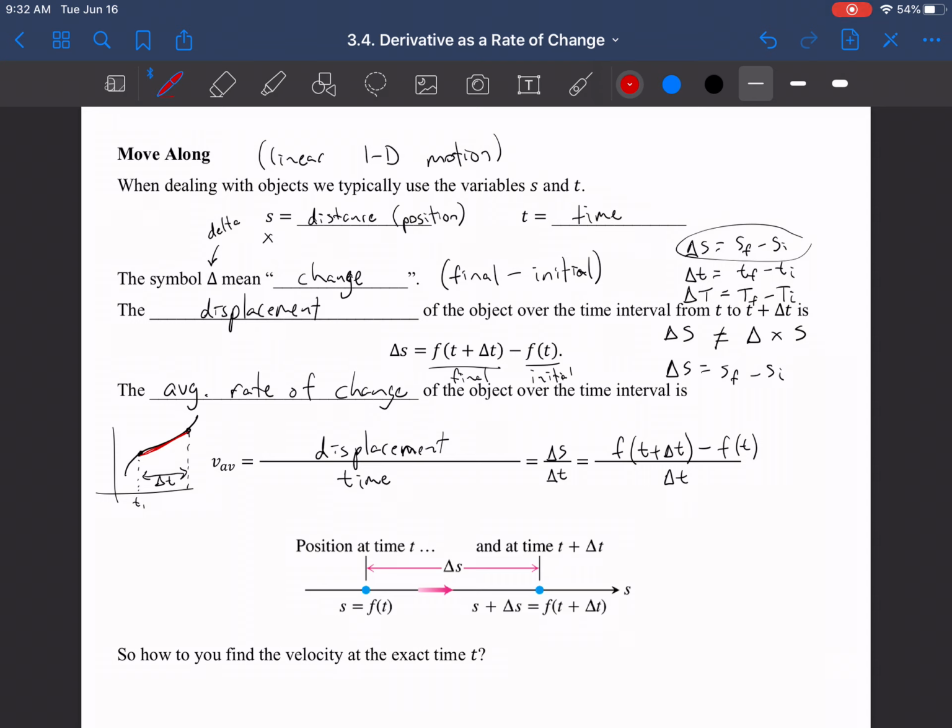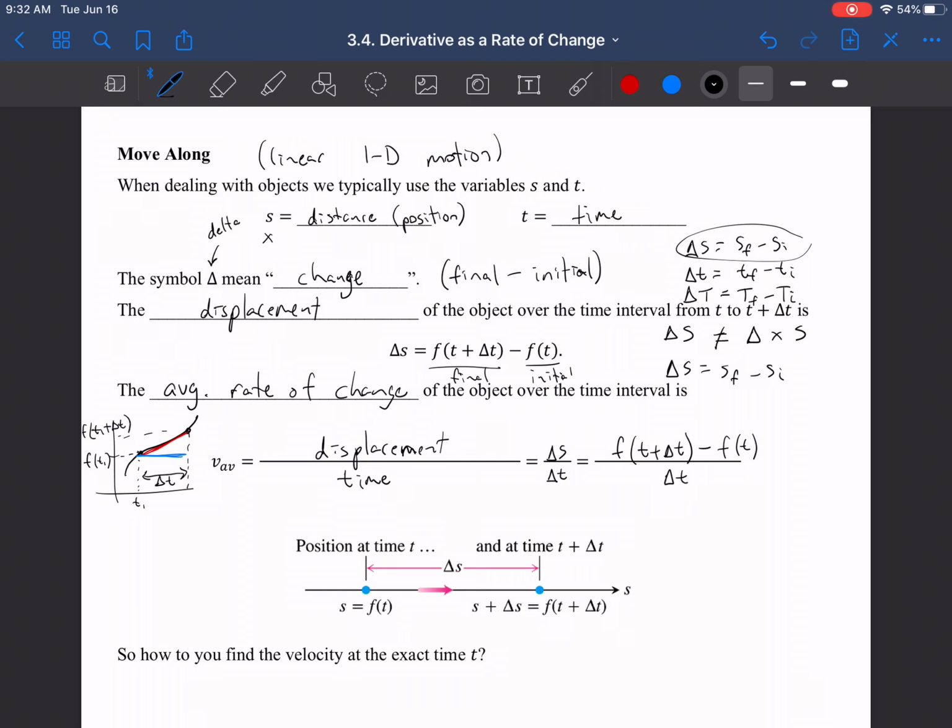And over here would be position initial, SI, which would be f of t1, and over here would be f of t1 plus delta t.